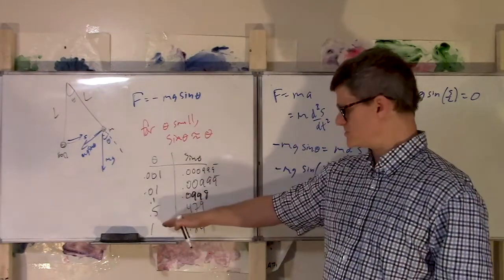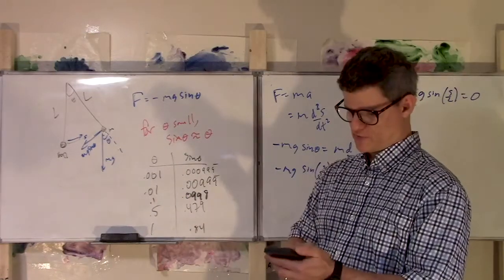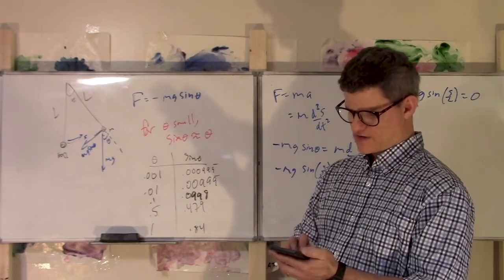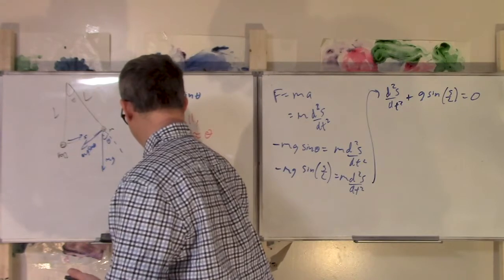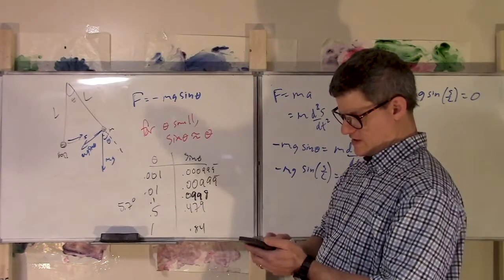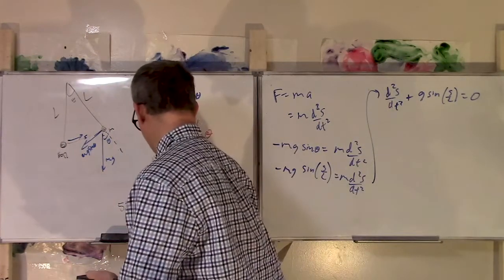So now let's look at these in terms of degrees. What's 0.1 radians in degrees? So 0.1 times 180 divided by pi is 5.72 degrees. And what's 0.5? 0.5 times 180 divided by pi is like 29 degrees.